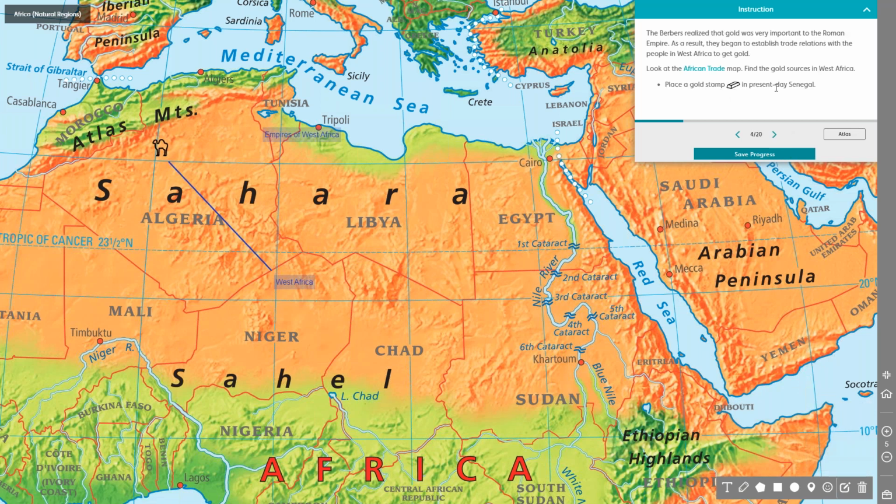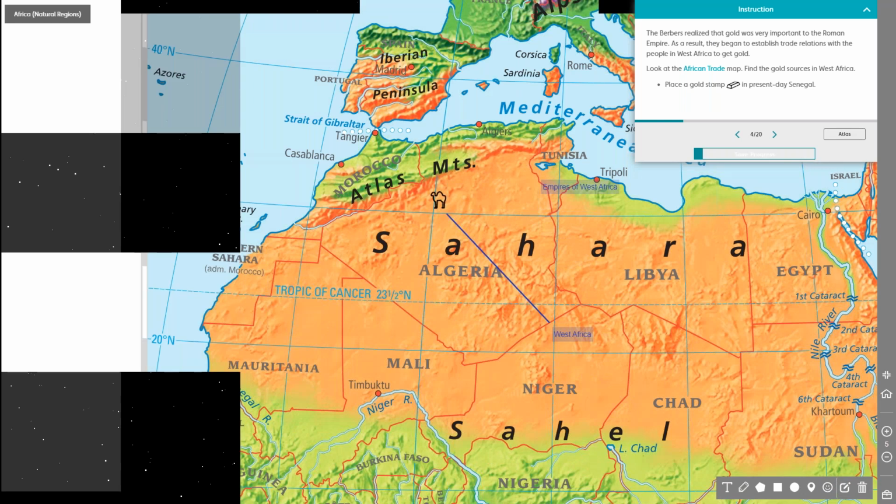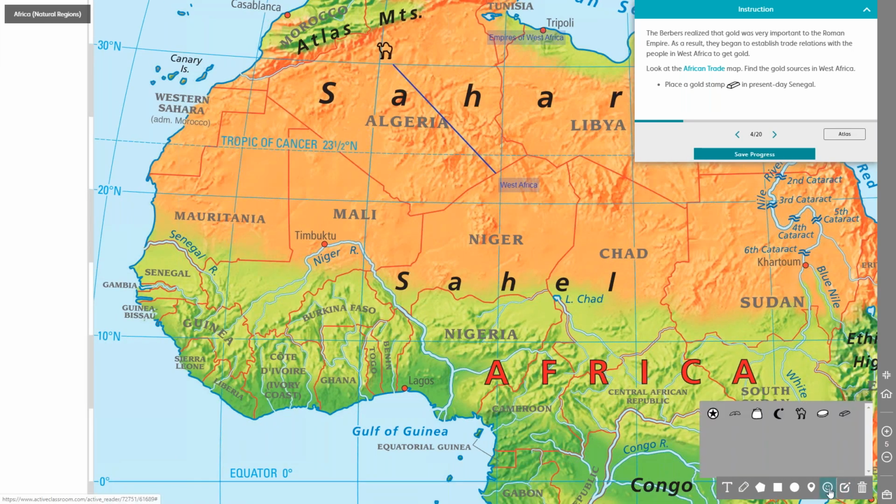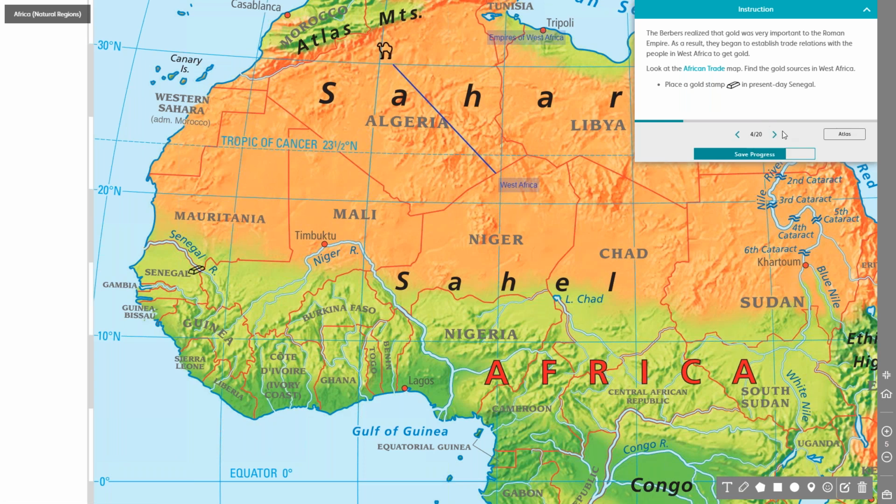To place a gold stamp in present-day Senegal, I'll grab my little stamp here, put the gold stamp here, and I better find Senegal on here. And here it is over here. So now I get my stamp, grab my gold, place it there, close that out, go to the next one.